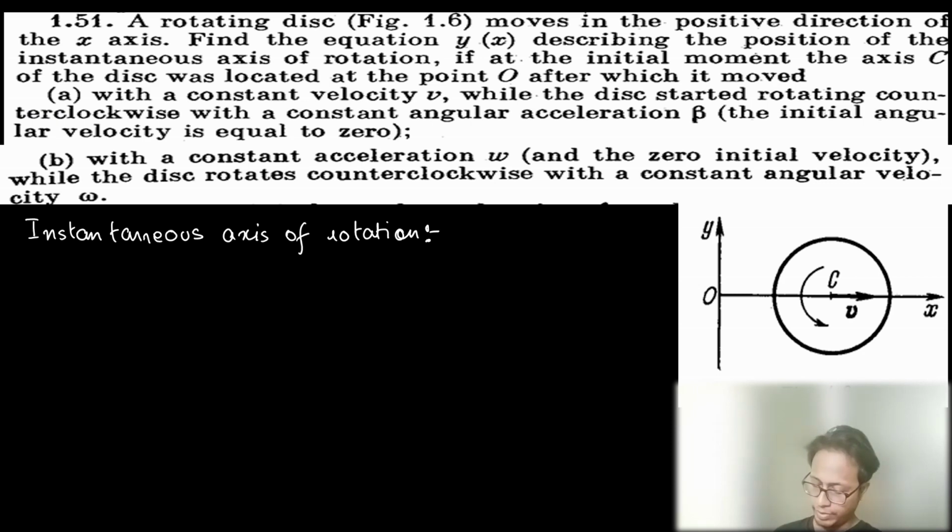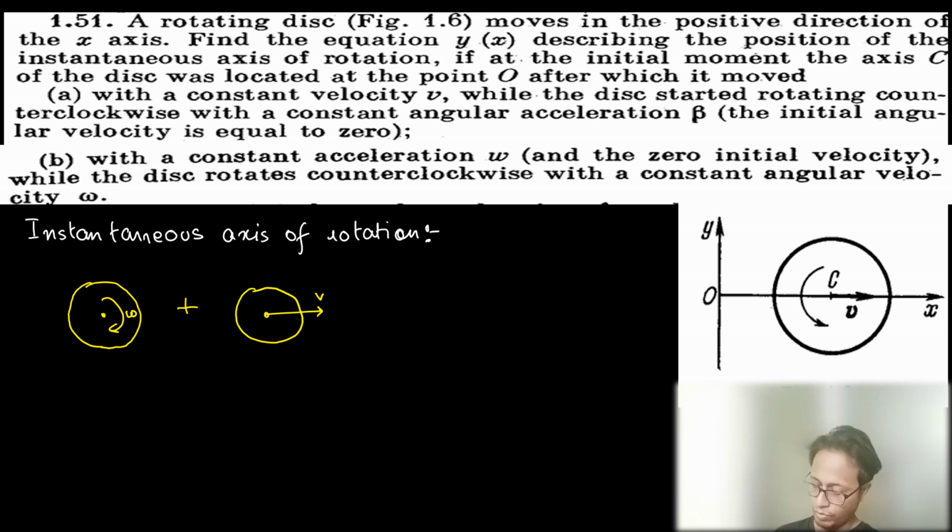Now, for example, there is a certain motion which is a combination of rolling motion or rotating motion plus linear motion. A motion that is a combination of rotating motion plus a linear motion.